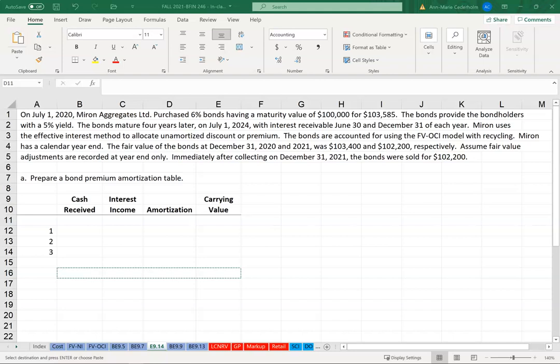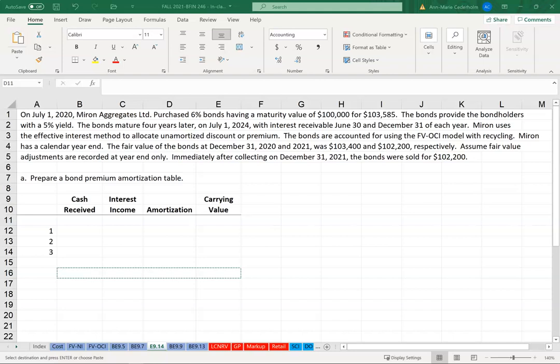On July 1st, 2020, Myron Aggregates Ltd. purchased 6% bonds having a maturity value of $100,000 for $103,585. The bonds provide the bondholders with a 5% yield.